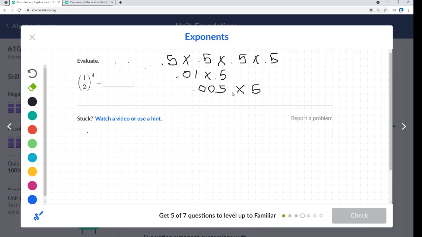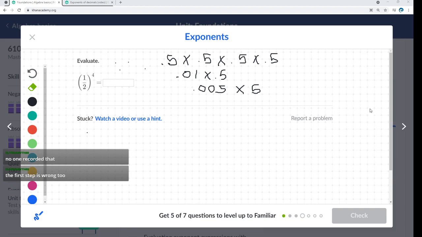Okay, so 5 times 5 is 25, right? So 1, 2, 3, 4. But I got a different result when I actually did the multiplication here.